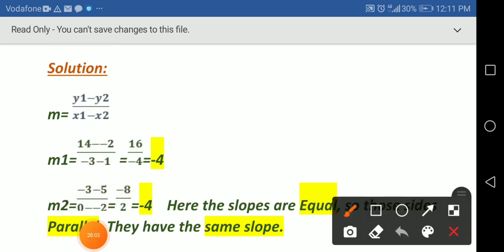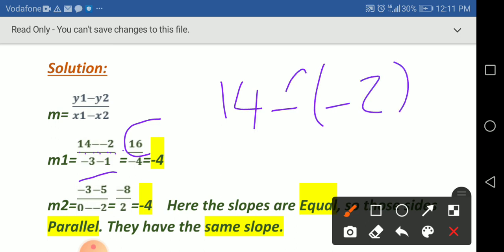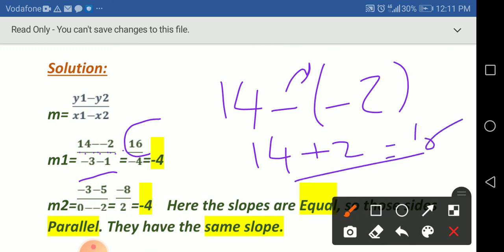After that, 14 minus -2 will be 16. When I have this bracket, it becomes positive, so it will be 14 plus 2, which is 16.